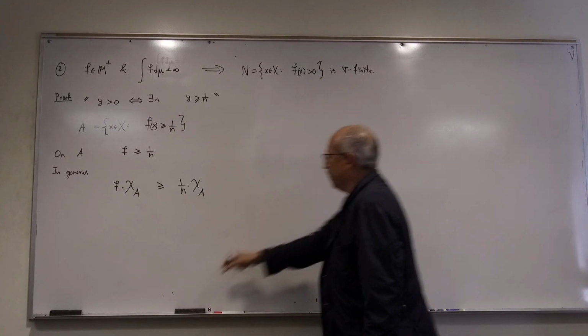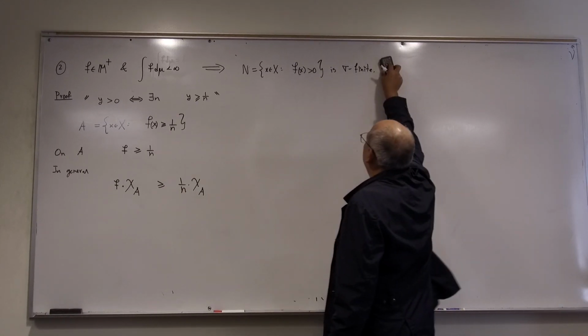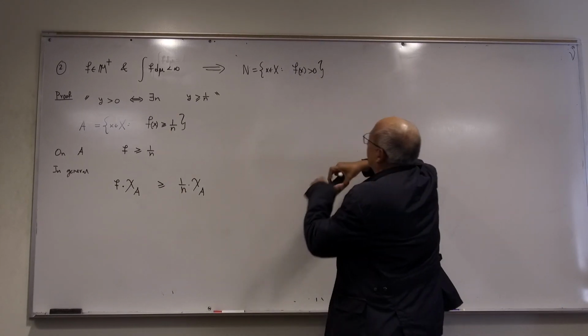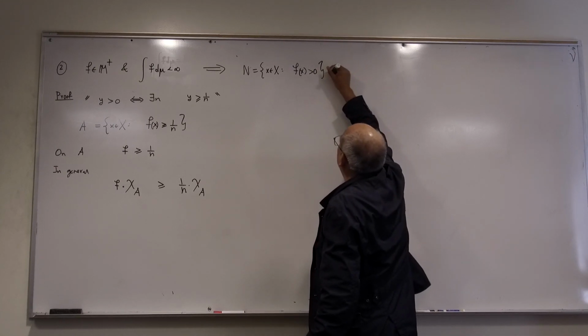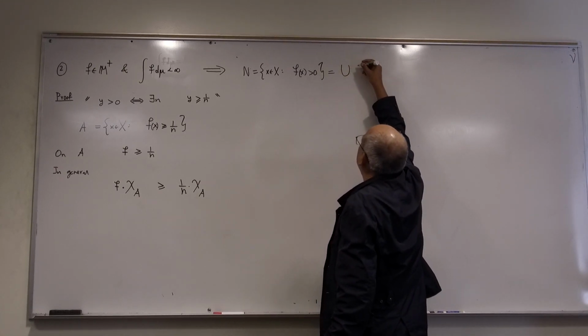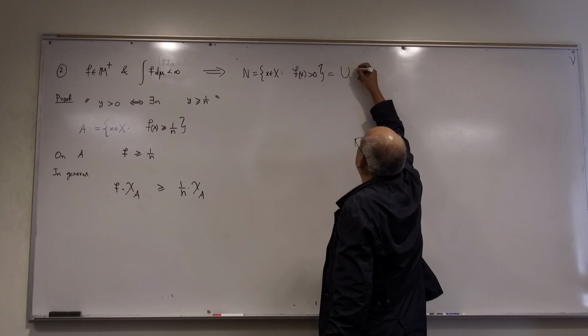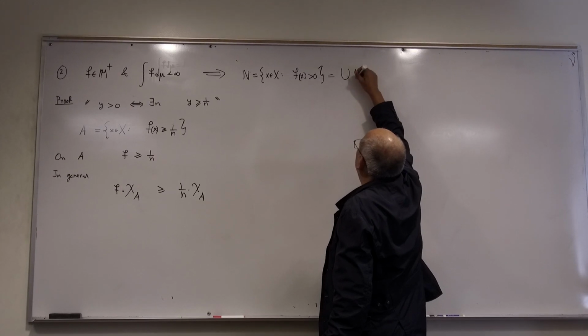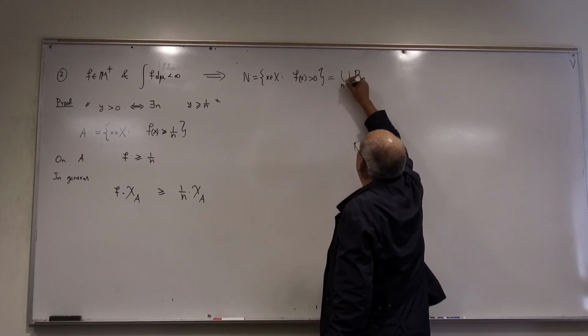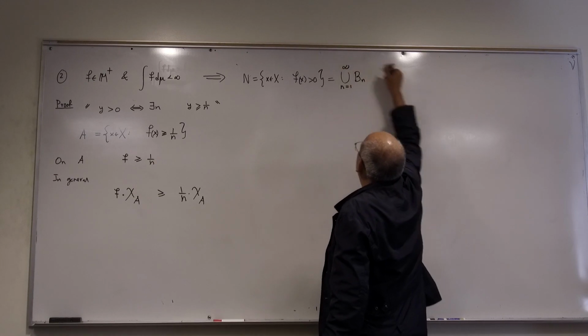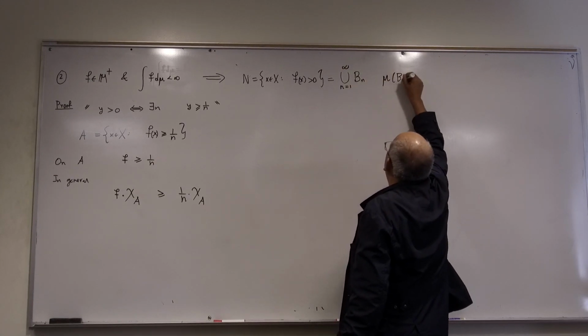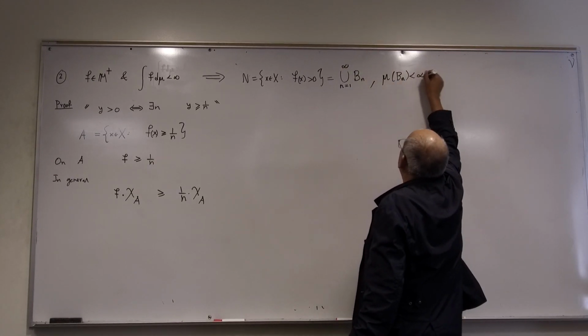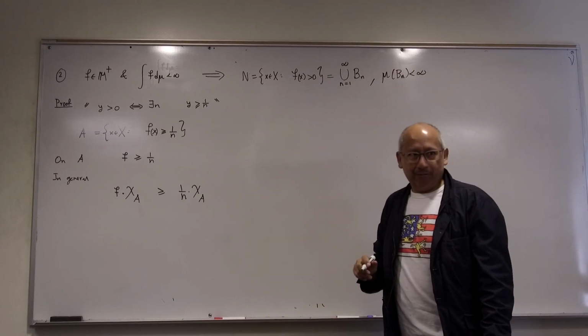What does sigma finite mean? That this set is the union of some sets Bn's from n equals 1 up to infinity, and the measure of those guys is finite. That's what sigma finite is.